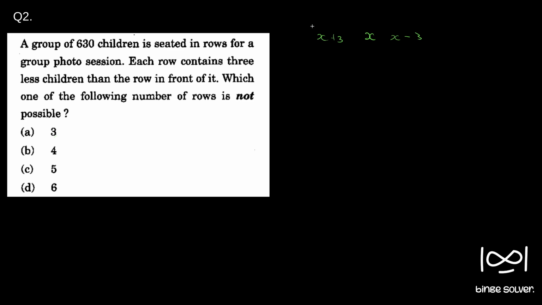Like this we can arrange. If it is 3 rows, we can arrange like this. If it is 5 rows, we can arrange like this, x minus 6 and x plus 6. So for even we will arrange it like this, and for odd we will do one thing, we will just do like this.